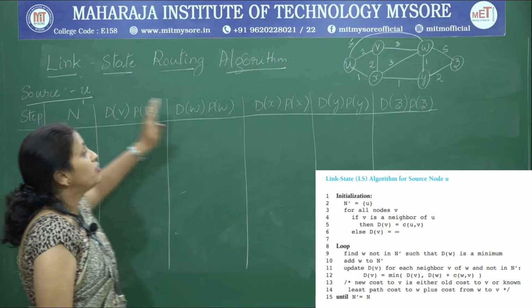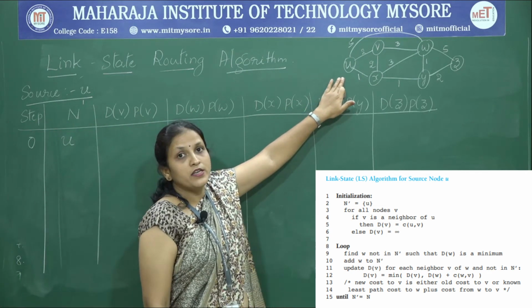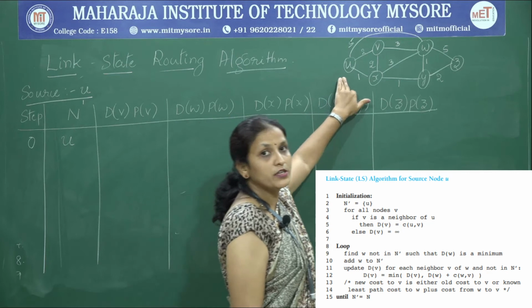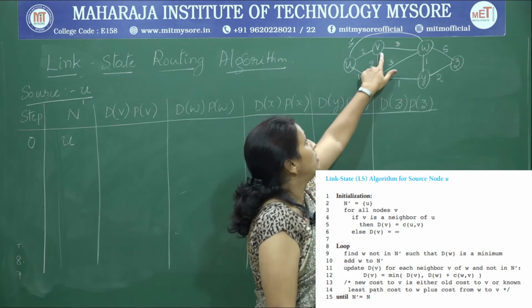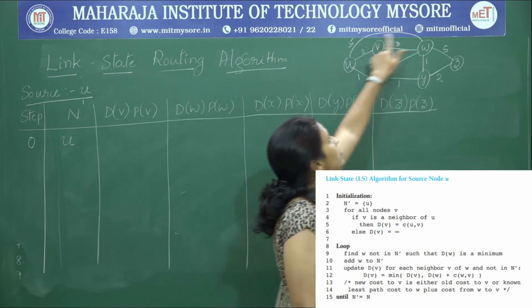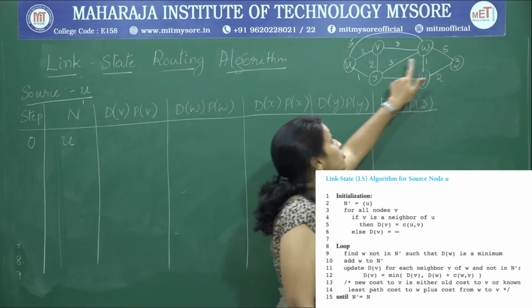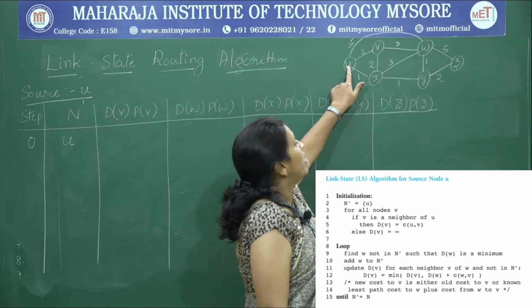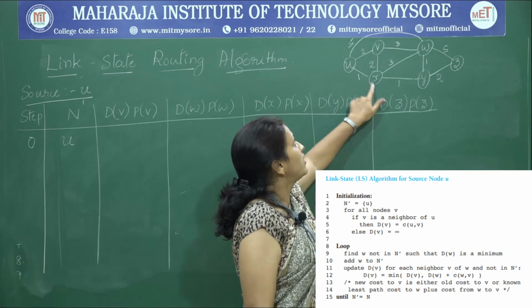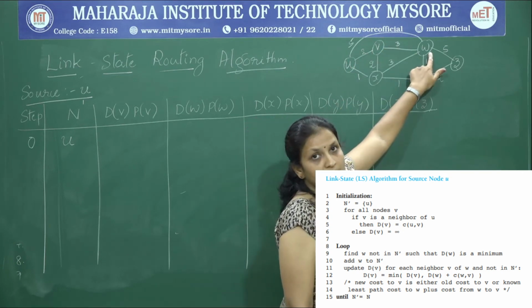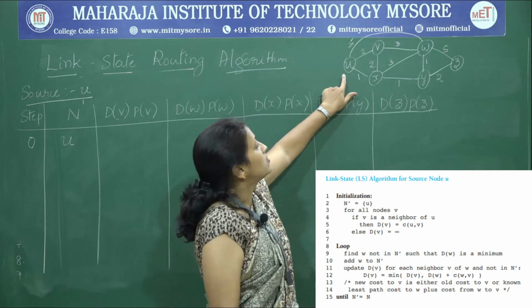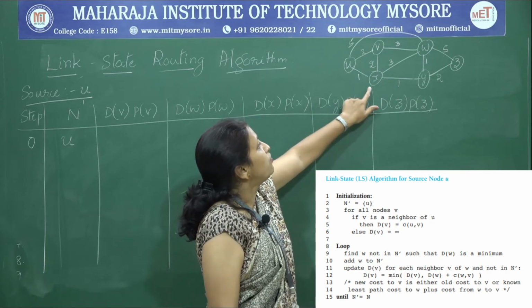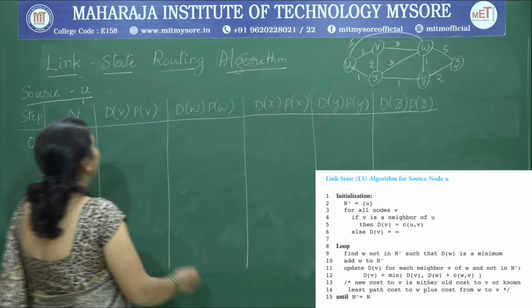So, when I am considering U as my source, its neighboring nodes which it can traverse directly are V, X and W. So, we have V, W and X which can be traversed directly from U, right. So, what is the cost that it takes? D of X becomes 1.